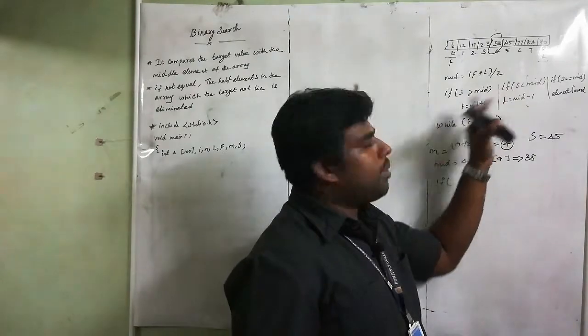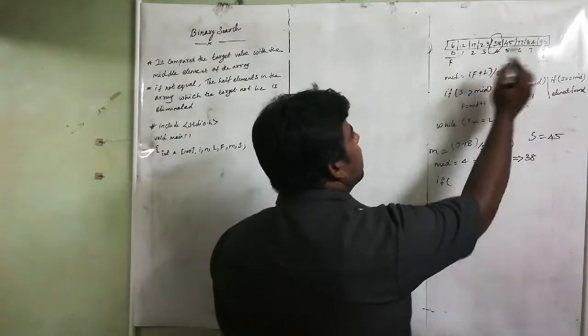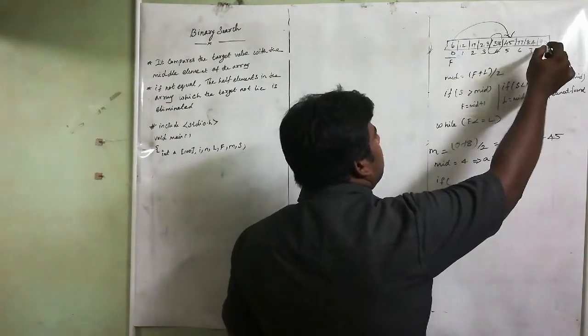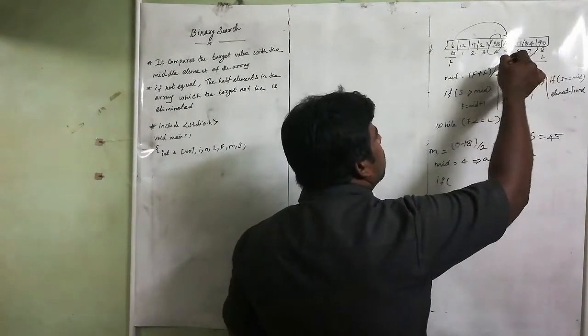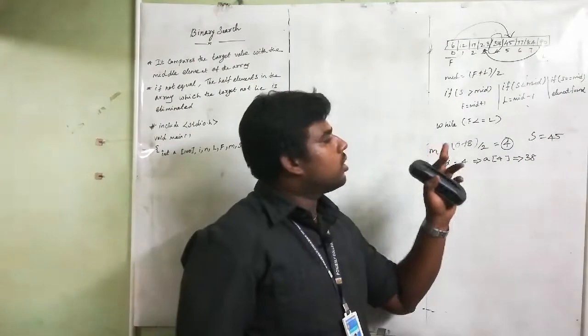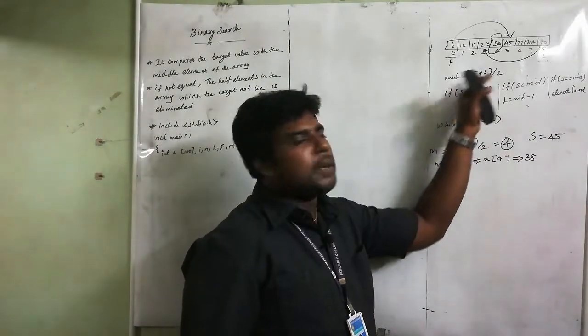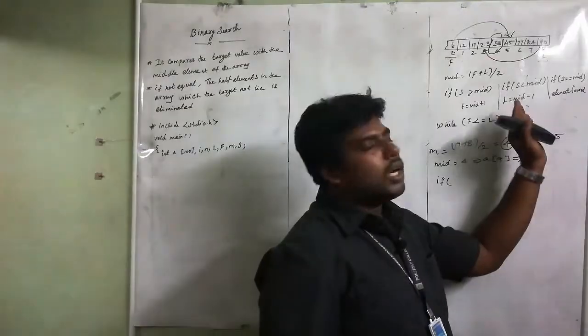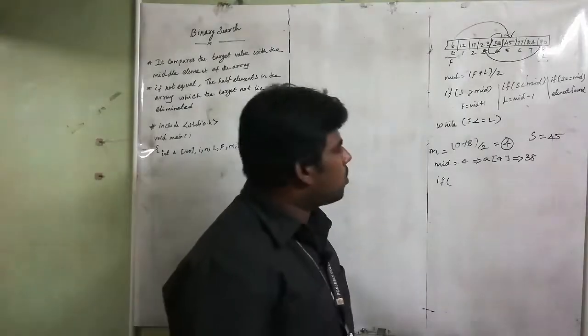If S is greater than mid, I want to make the first element here. If it is less than mid, I want to make the last element here. This is the rule, three conditions: one is search element greater than mid, second is search element less than mid, third is search element equal to mid.